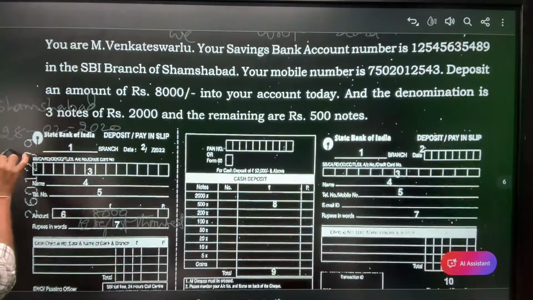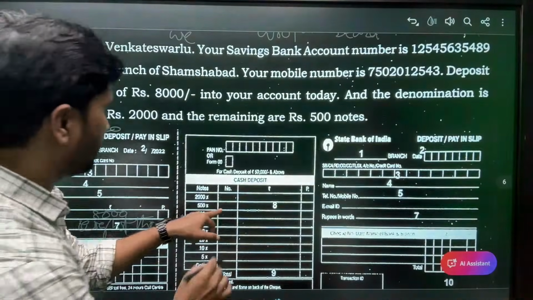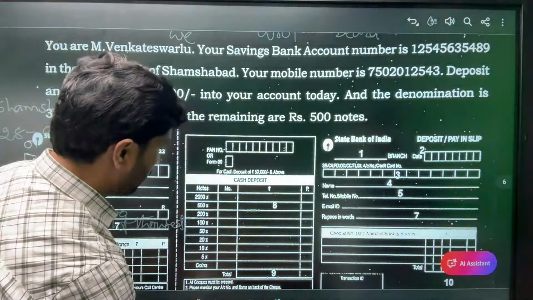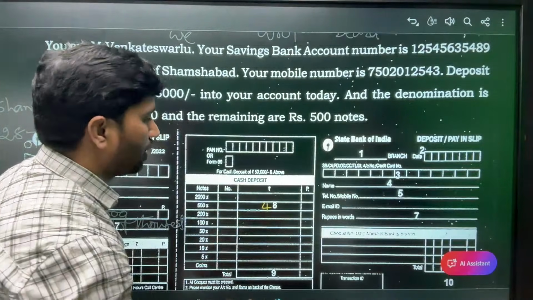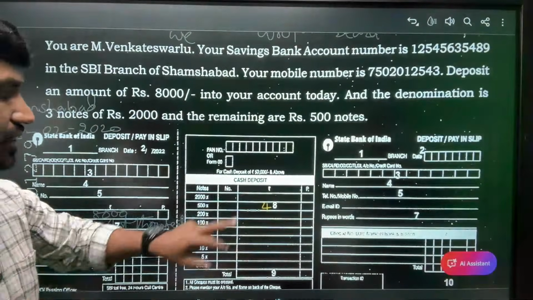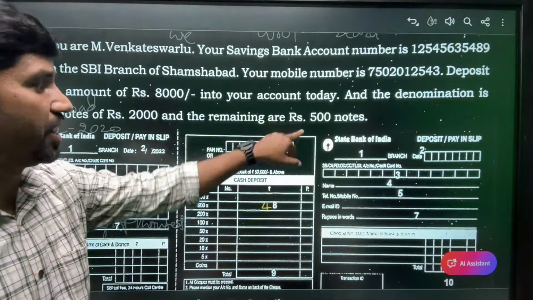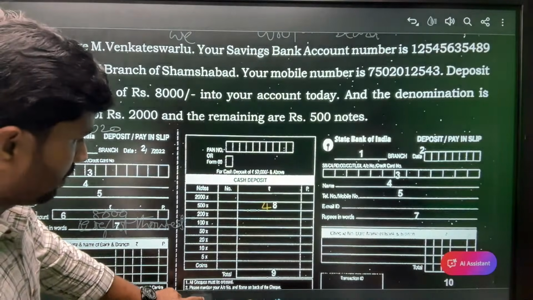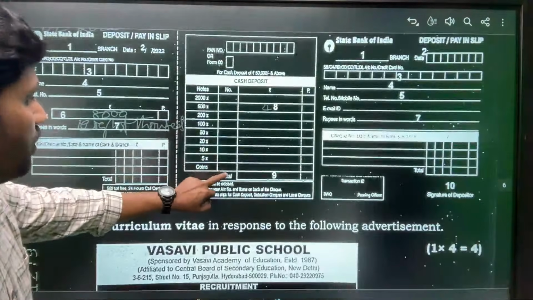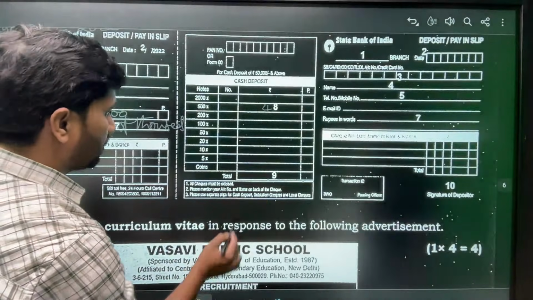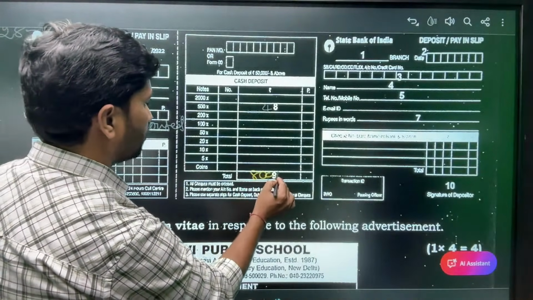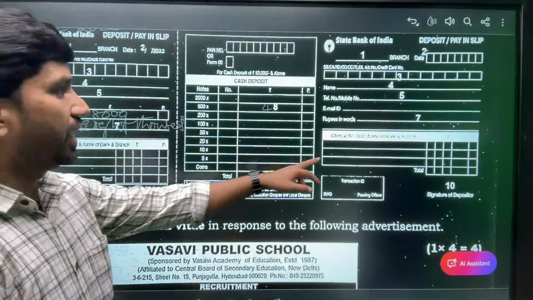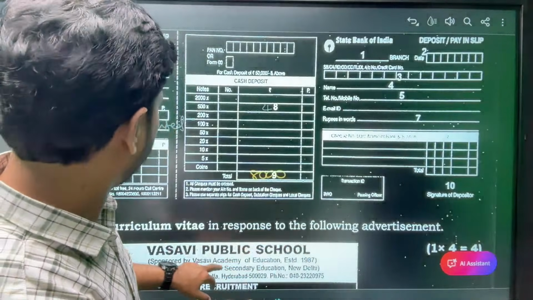The answer is 4. The eighth answer is only 4. How many 500 notes are there? 4. Then next, total amount. Total amount is 8,000. Next, go with the ninth one.